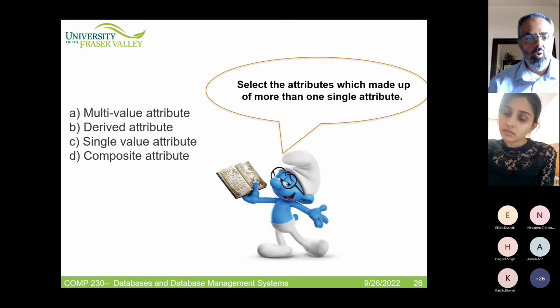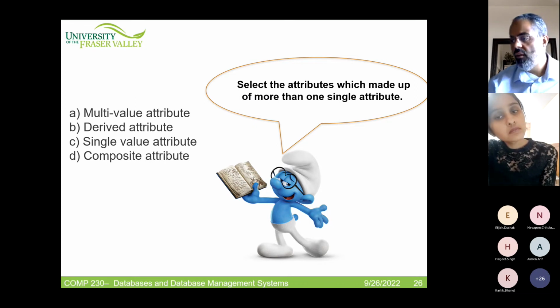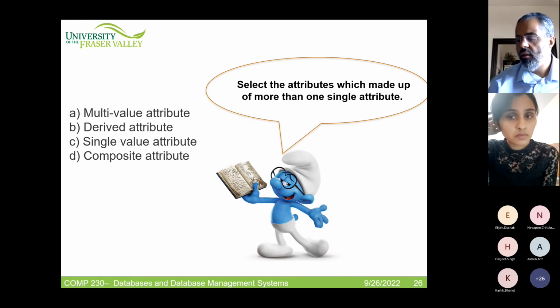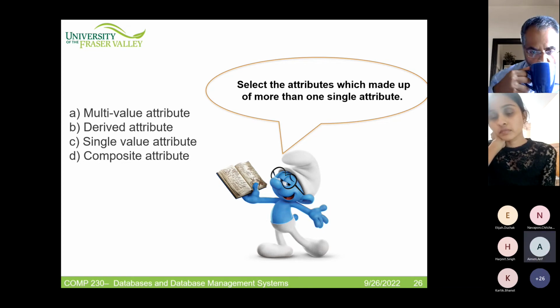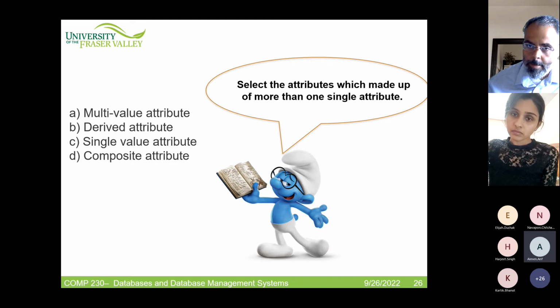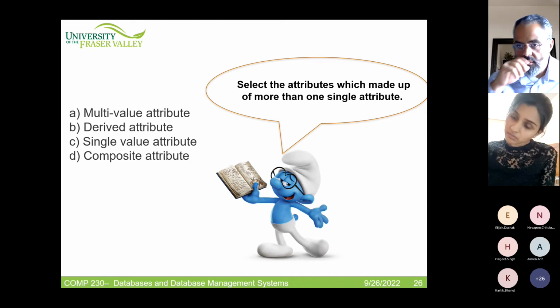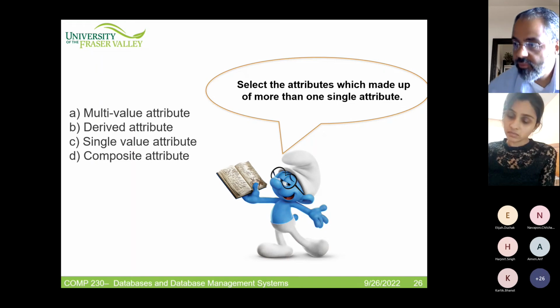Ayman, I'll ask you kindly why it is a composite attribute. Because it can be broken down into more relationships. Not relationships, more attributes. Sorry, more than one.